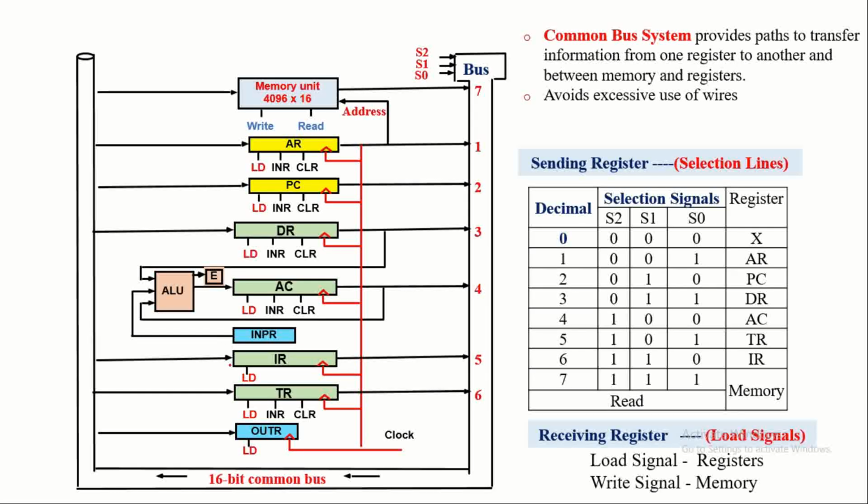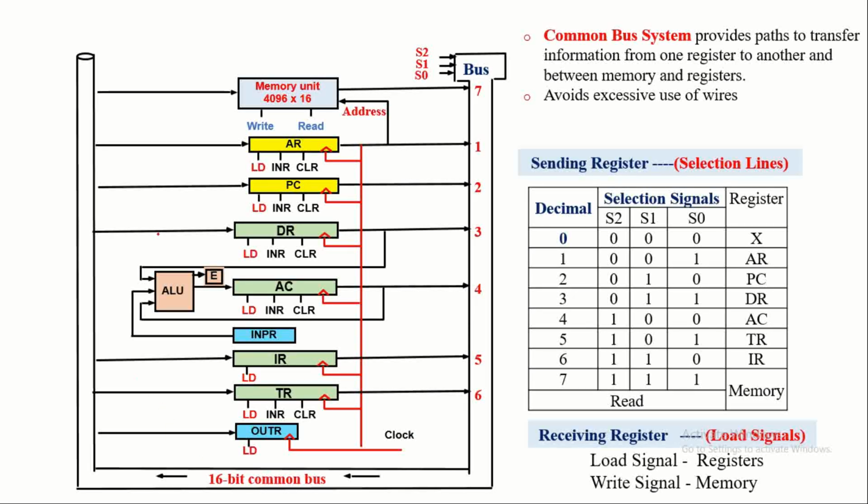Similarly, the output register sends its information only to the output device. That's why the input register and output register do not send any information over the common bus.